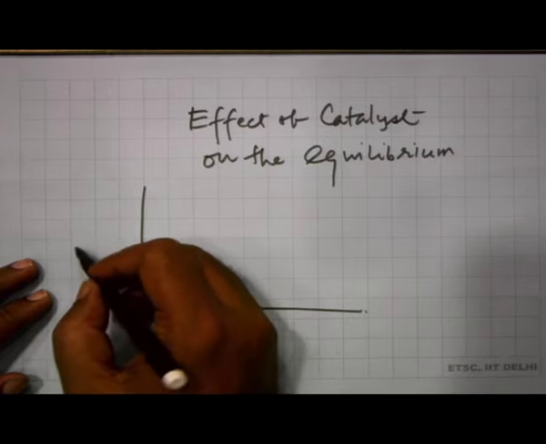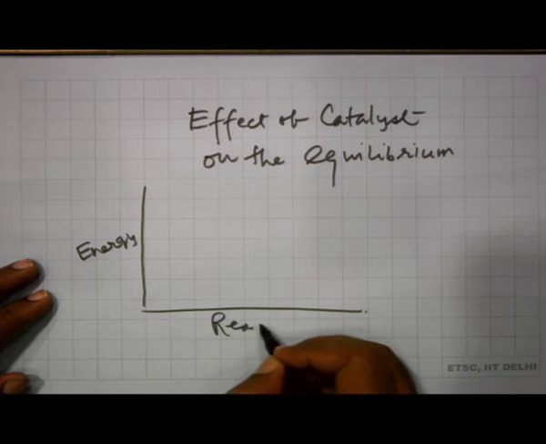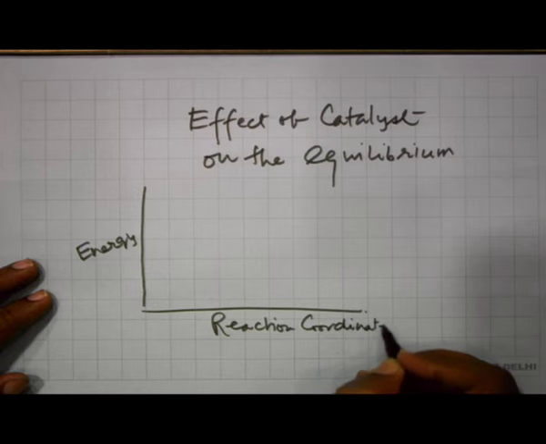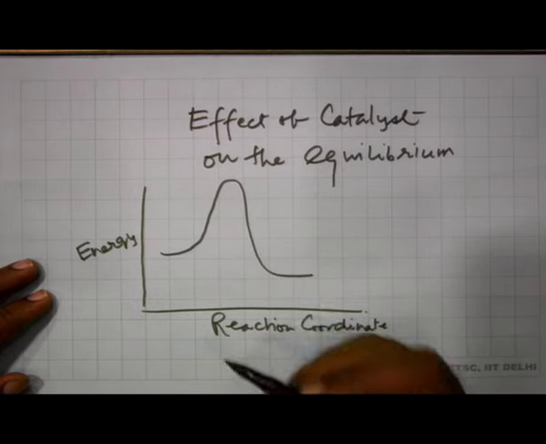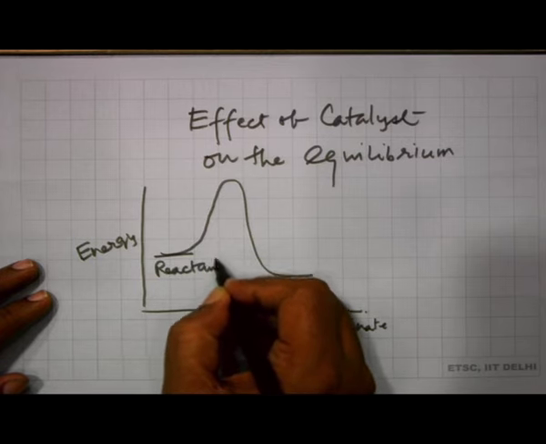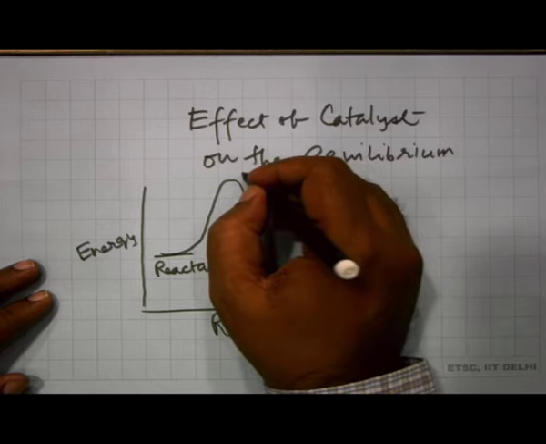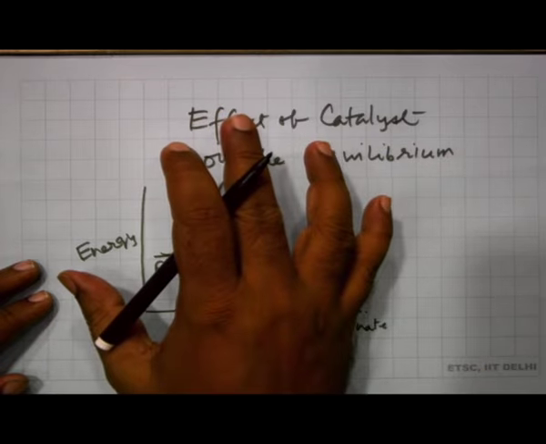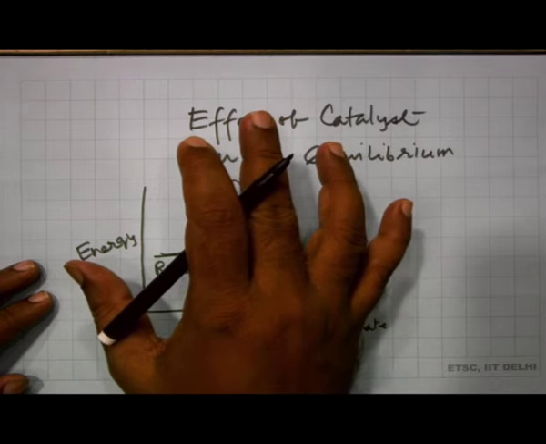We know this is the potential energy or energy versus reaction coordinate. This is the kind of shape we get. This is your reactant, this is your product, and this is the transition state. So, if we have a reaction and if we do add catalyst, what can happen?